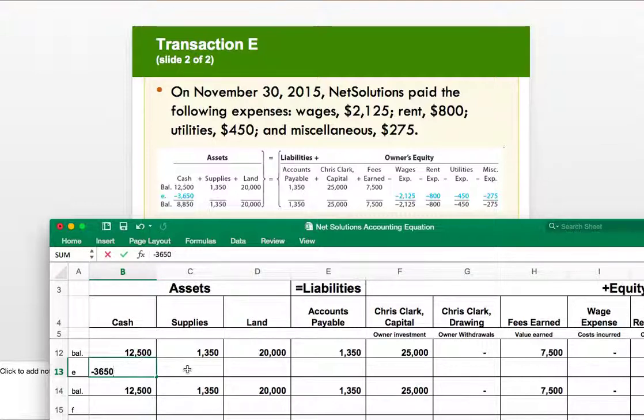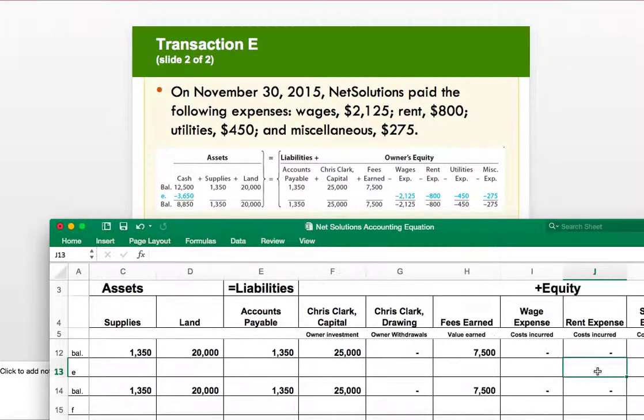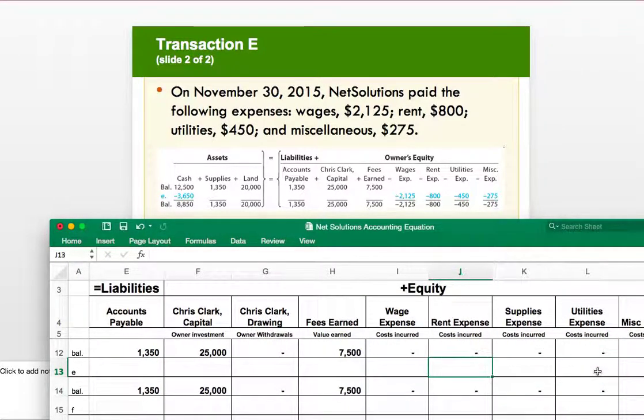We paid out cash, and then we paid for the following expenses. I'm going to move this on over. Wages expense, and we'll put negative 2125. The expense account is increased, but on this particular chart, the expense account is a negative account because it's going to be counted against fees earned. Rent expense, 800.